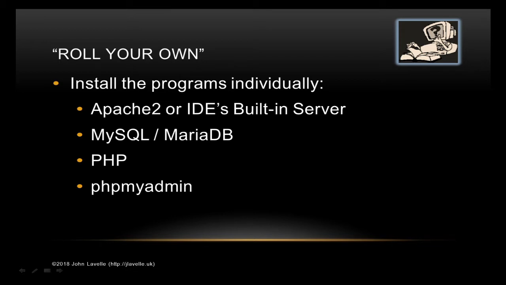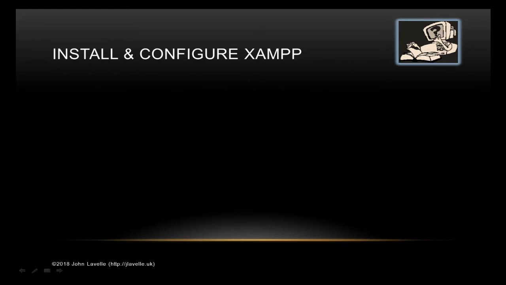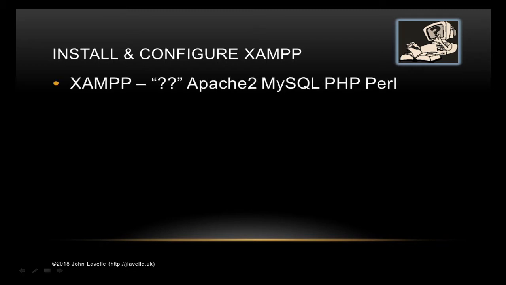So first of all, we're going to do an AMP system, and one of the most popular, if not the most popular, is a product called XAMPP with two P's. XAMPP stands for either Linux or Mac OS or Windows, Apache 2, MySQL, PHP, which I believe at the moment is 7.2.4, and Perl.